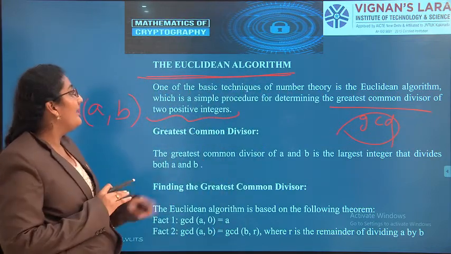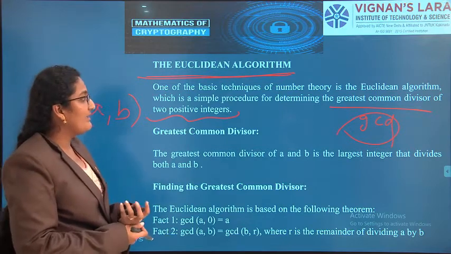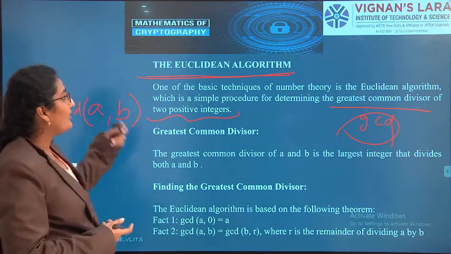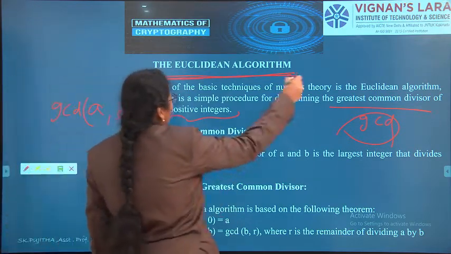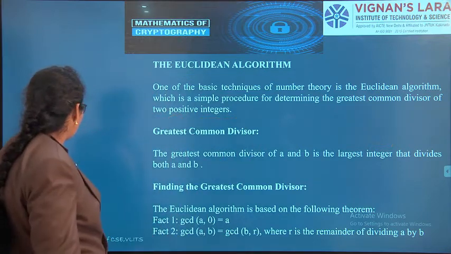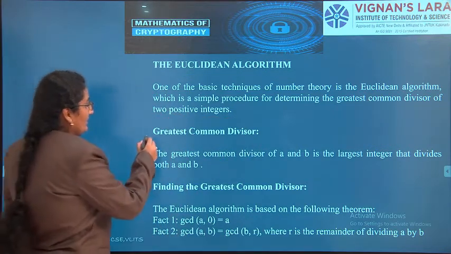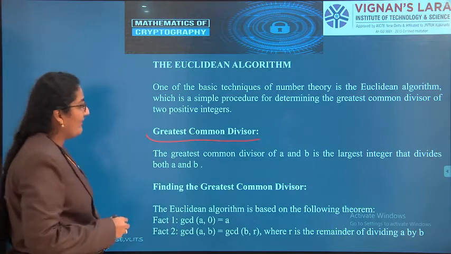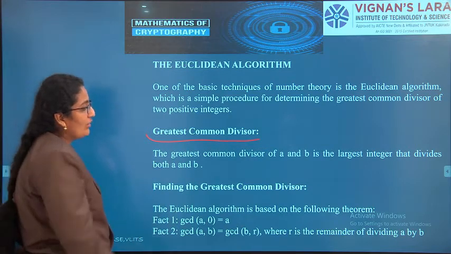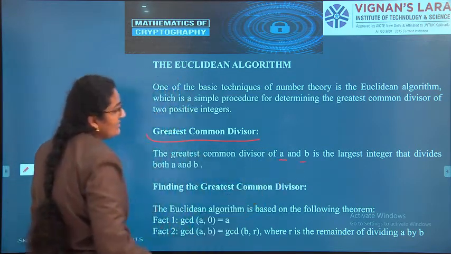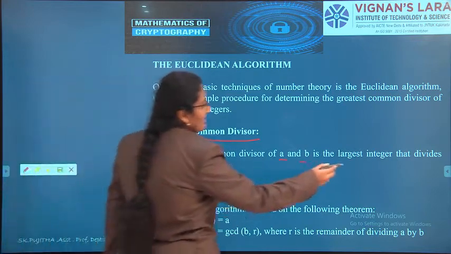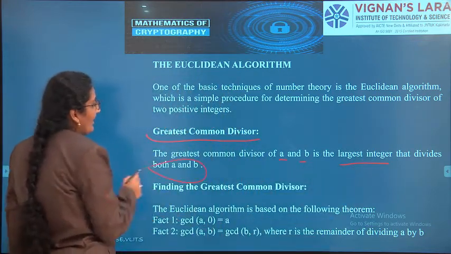So listen again. If a, b are two positive integers, to calculate GCD of a, b, we have the Euclidean algorithm. See here, the greatest common divisor GCD is defined like this. The greatest common divisor of a, b, two positive integers, is the largest integer that divides both a and b.